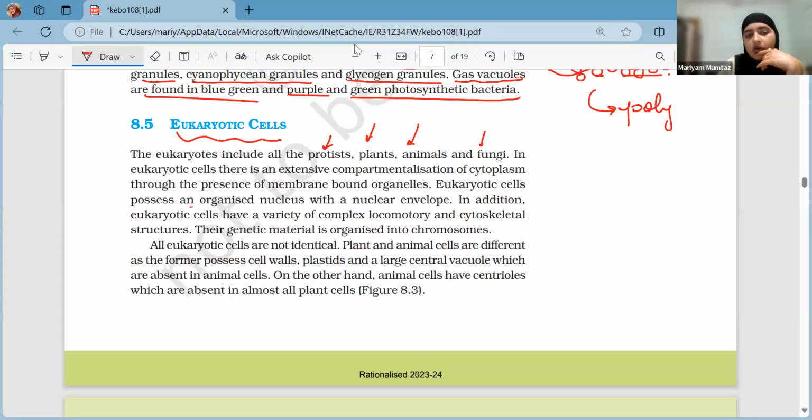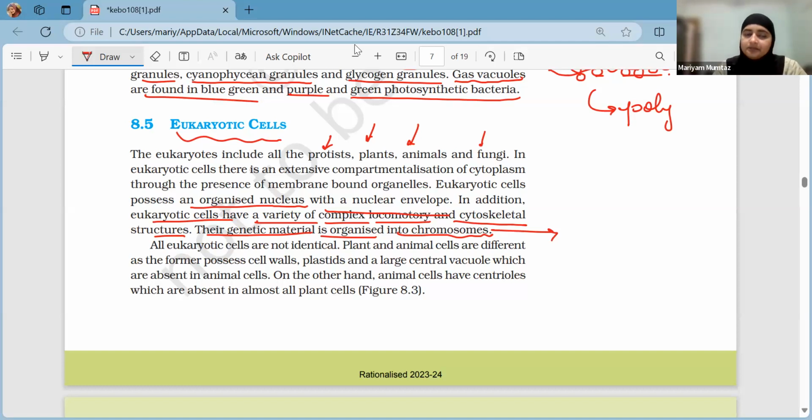The eukaryotic cell possesses an organized nucleus with a nuclear envelope. In addition, eukaryotic cells have a variety of complex locomotory and cytoskeletal structures. Their genetic material is organized into chromosomes. To understand the chromosome commonly, you understand DNA, the genetic material that we have, right?